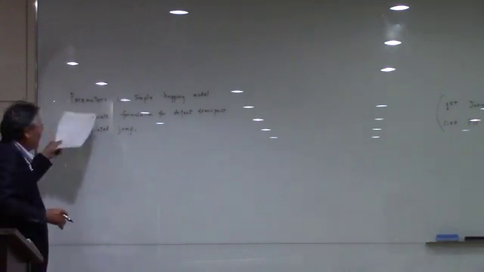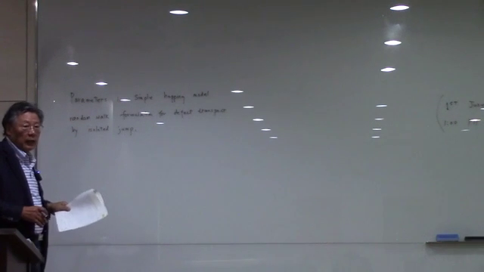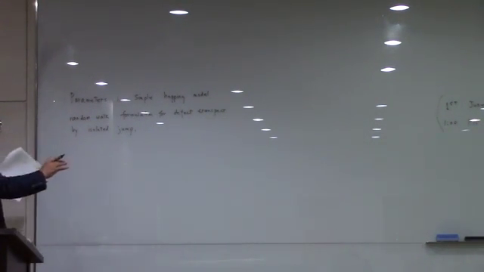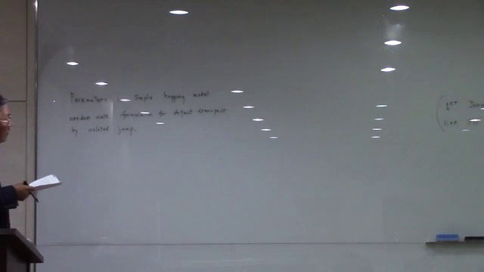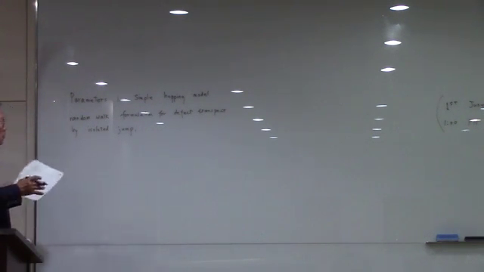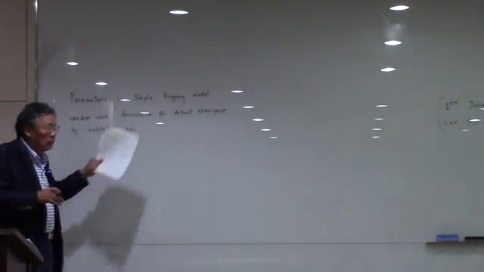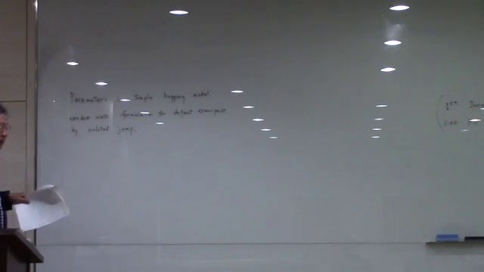We put the parameters into the simple hopping model, and under these not practical assumptions we have to make, we get the numbers for the conductivity.